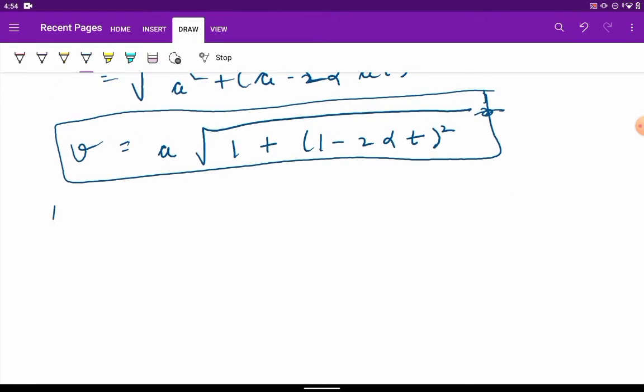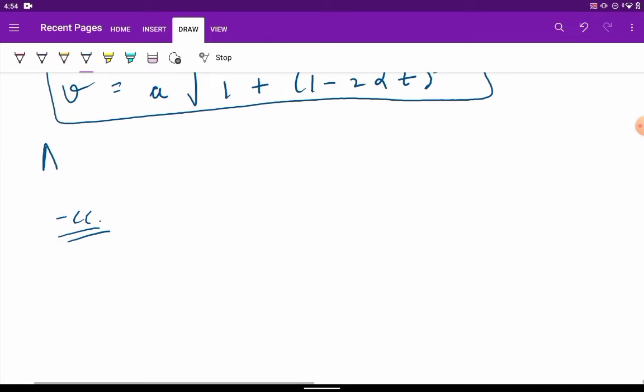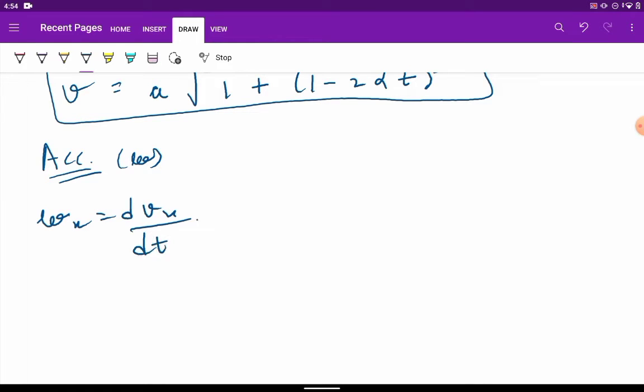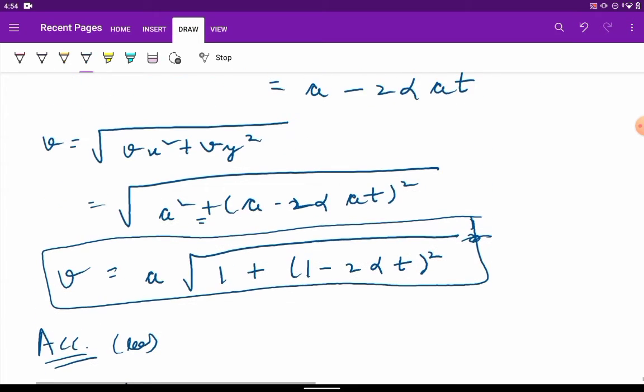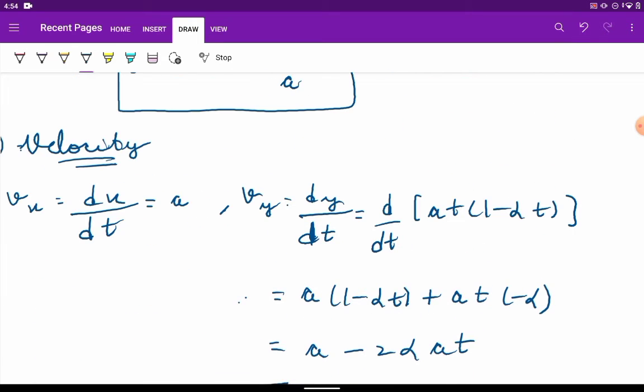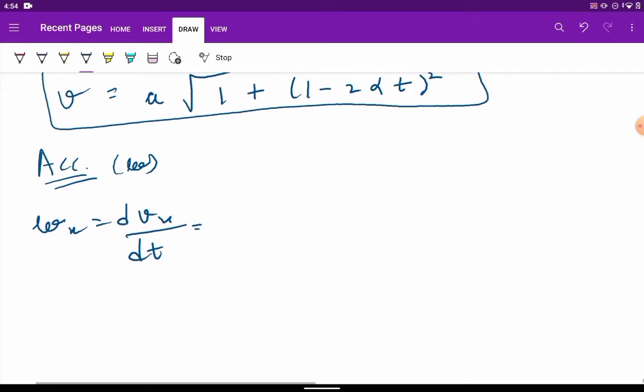Now for the acceleration, let's represent it by w. So wx is dvx by dt. As you already know, vx is a constant, so it becomes 0.